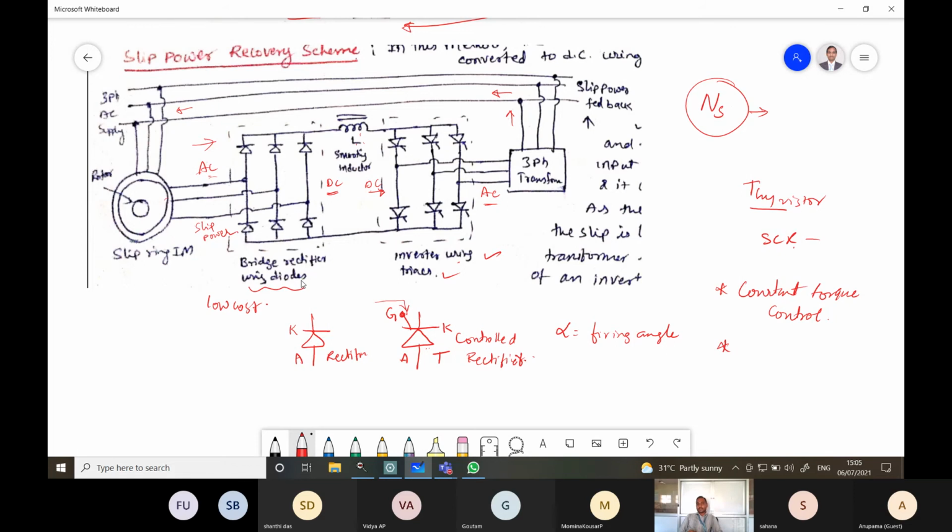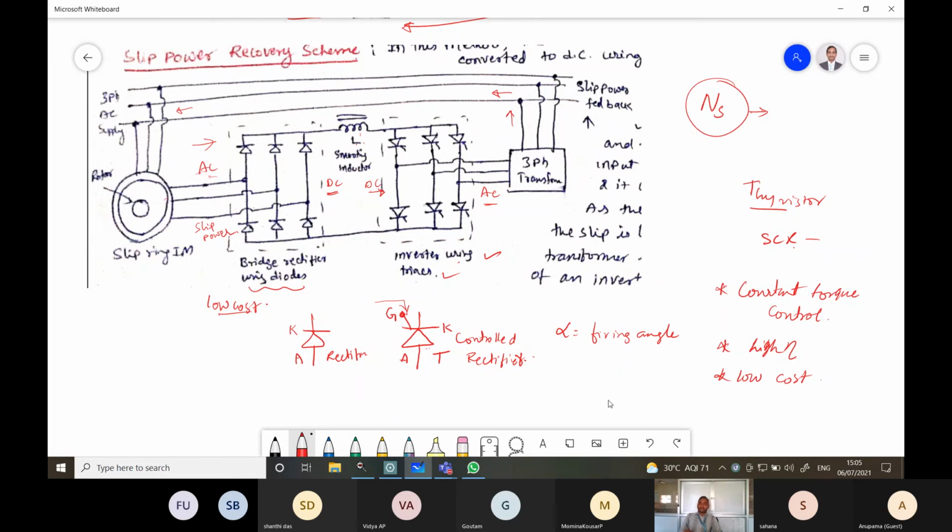Those are again another machine we need to purchase, and the cost is higher. Instead, using power electronic devices at low cost, we can achieve various types of smooth speed control. So one advantage of this method is high efficiency and low cost.